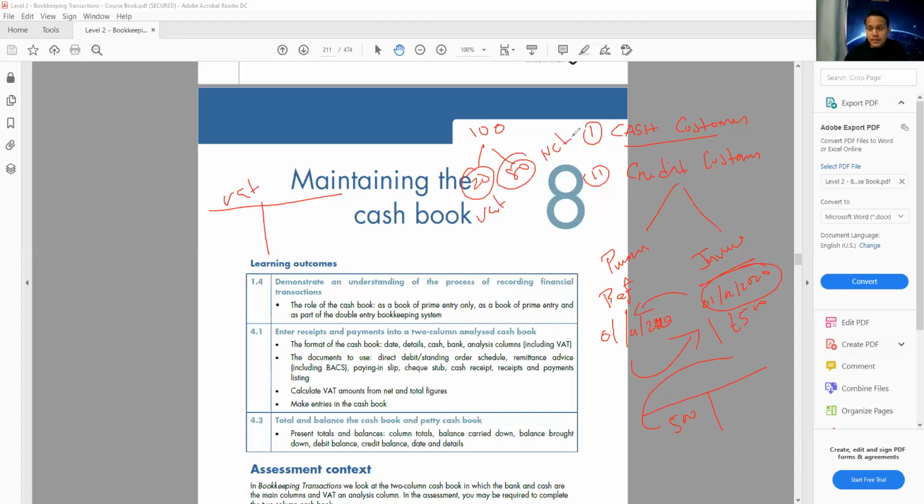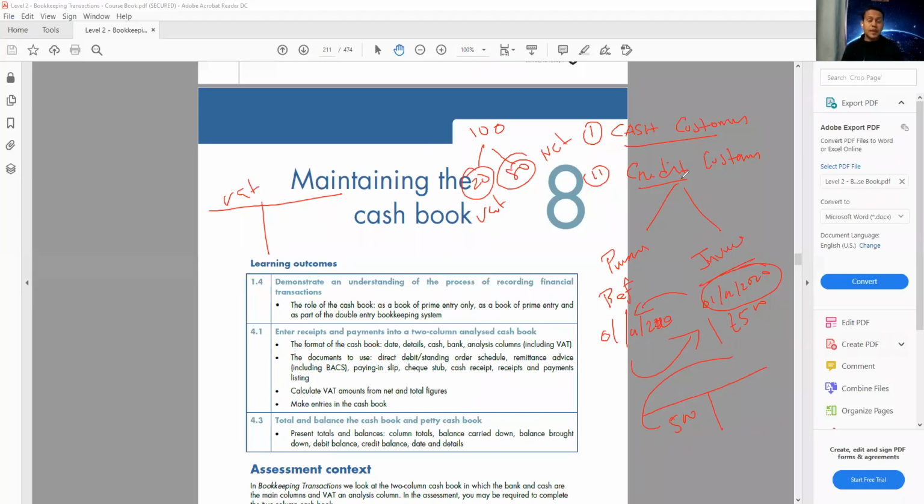On the other hand, if there's a credit sale, I'm not going to split the VAT when the customer actually pays me. For example, if I make a sale in January and the customer pays me in February, I'm going to record this money in the month of February on my cash book. Even though I made the sale in January, I didn't receive any money from the customer because it was a credit sale. So the customer paid me in February.